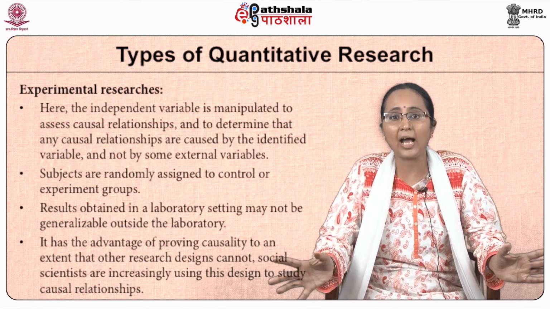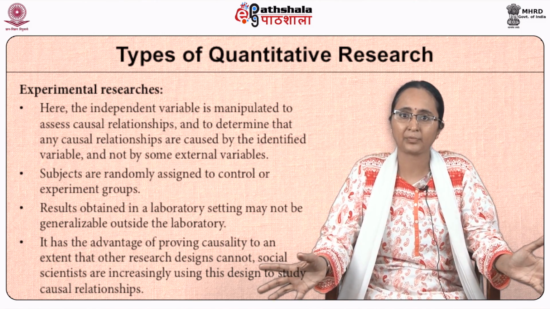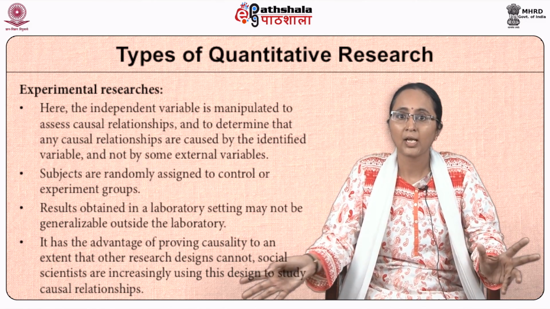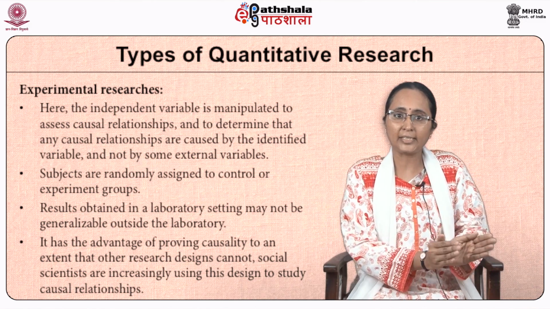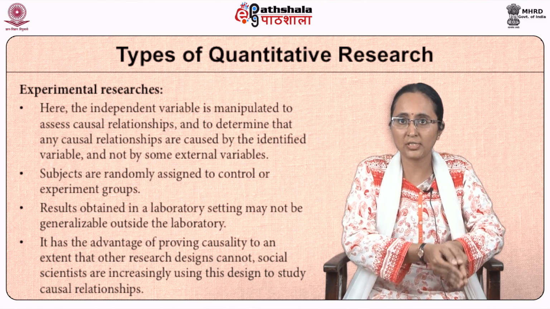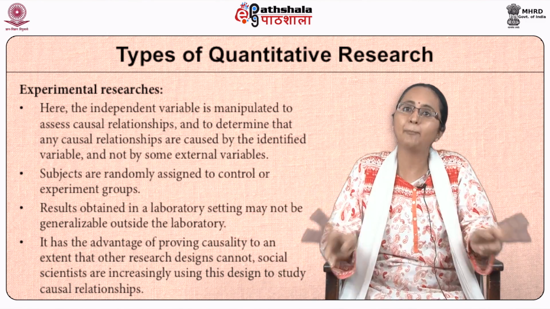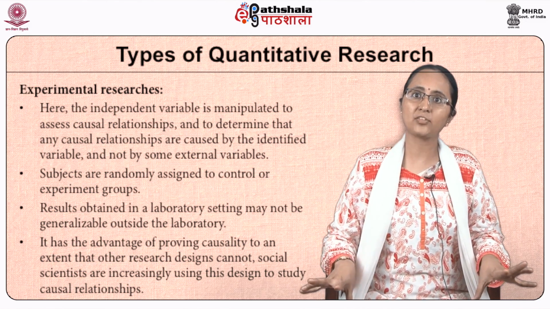Identified subjects are all identical, and then they are randomly assigned to control and experimental group. The control group will not get the treatment or the intervention that you are planning, while the experimental group will get that. And then you compare the end results from both.